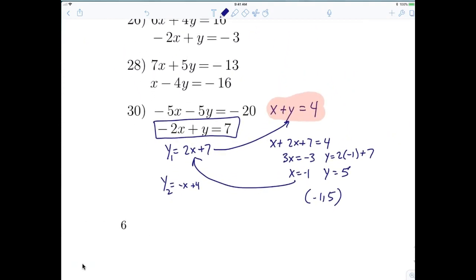Is everybody okay with it being negative 1, 5? Yes.